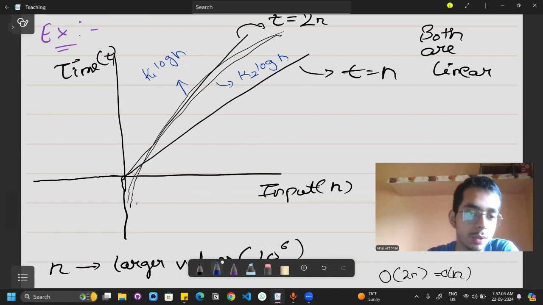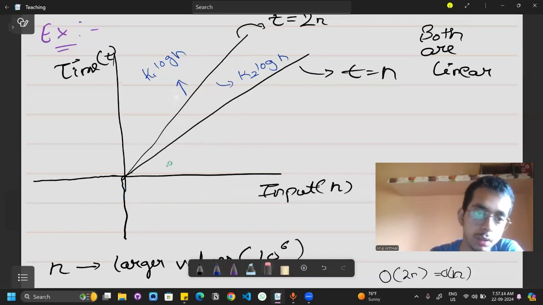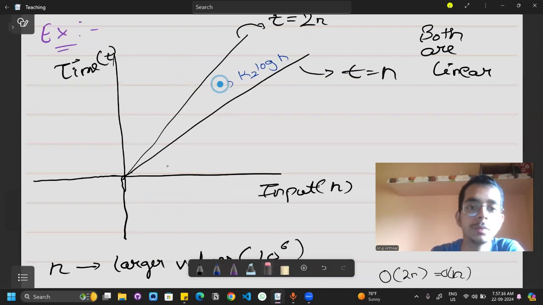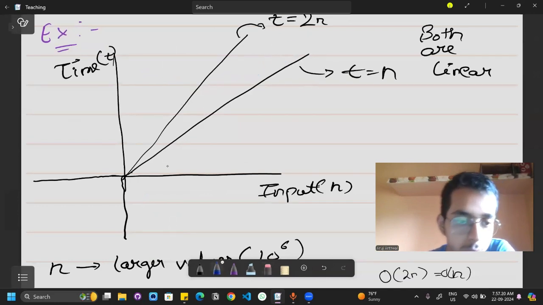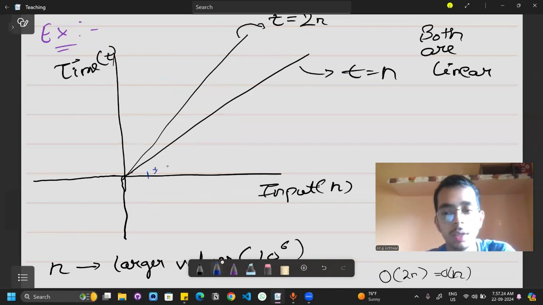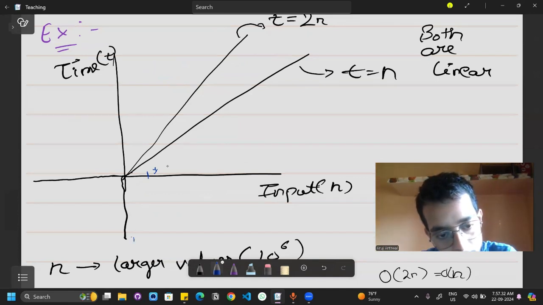They're going to intersect here. Let me correct this drawing. Obviously k1 is always going to be bigger than k2. Let's say this is one here, because both of them give the value zero at that point.